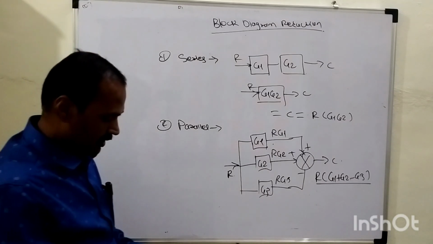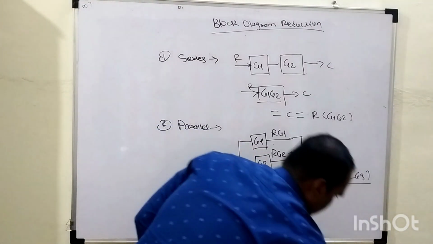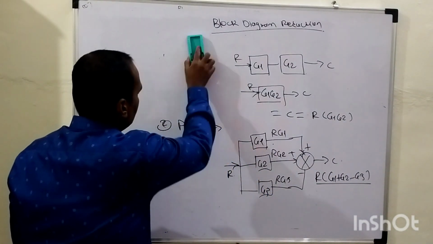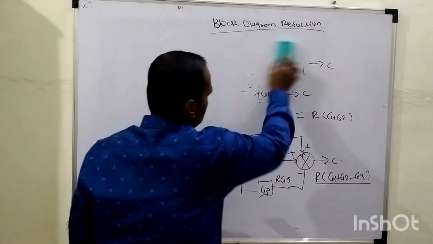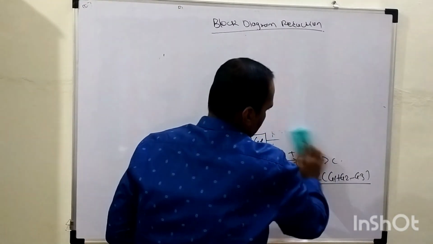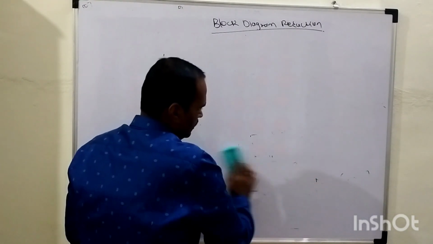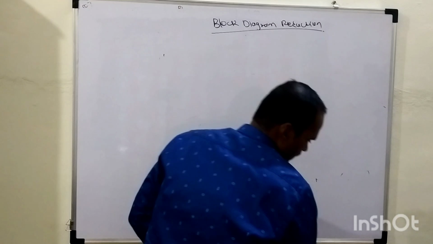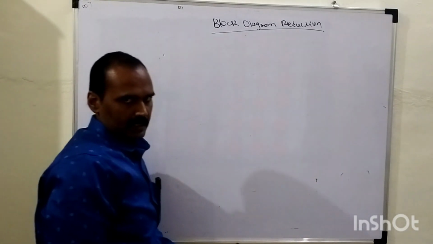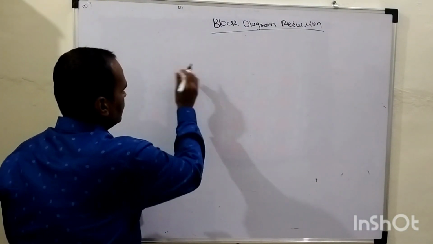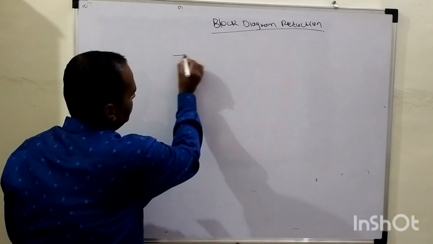Then reduction rule number 3 is how to eliminate the feedback. Let us quickly go through this rule, in which we will learn how to eliminate the given feedback signal, right? Closed loop means it deals with the feedback signal.